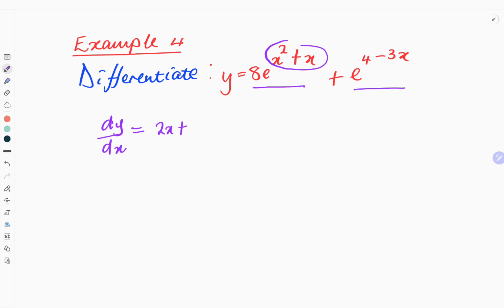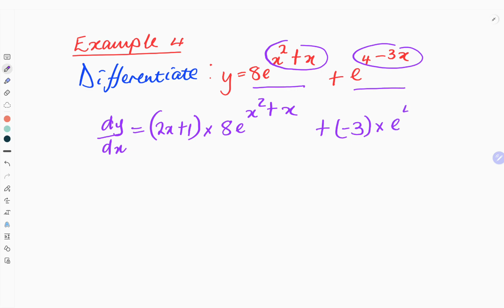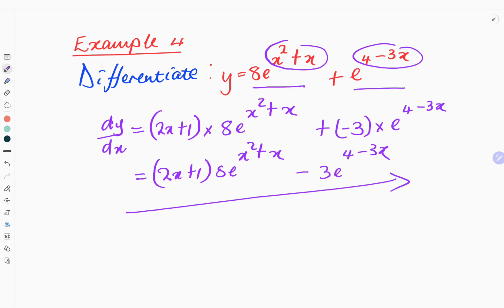This time you have to write it in a bracket because you multiply by 8e to the power of x squared plus x. Then here you differentiate the algebraic part again, and that gives you negative 3 times e to the power of 4 minus 3x. You can leave it like that: 2x plus 1 in brackets, times 8e to the power of x squared plus x, then minus 3e to the power of 4 minus 3x. And that's how you differentiate this function.